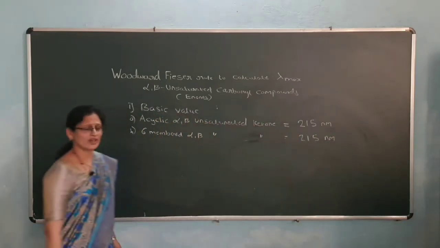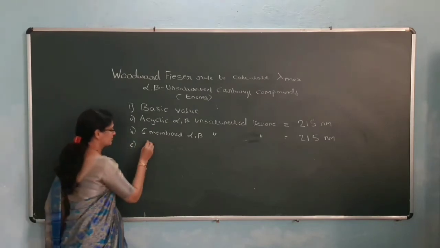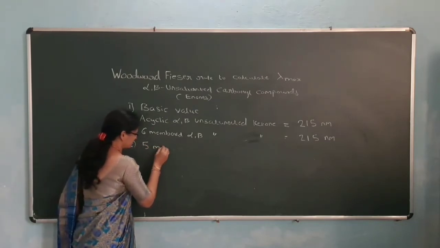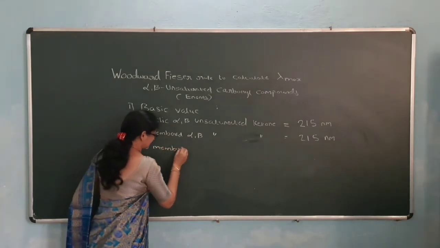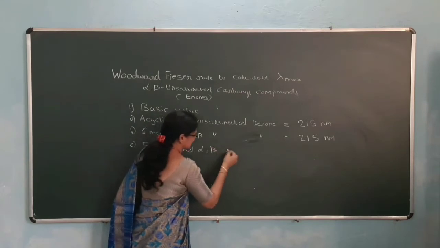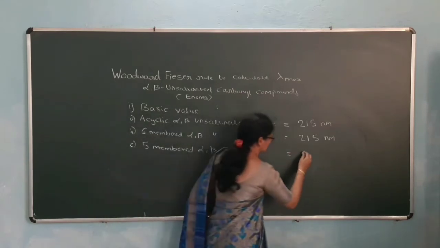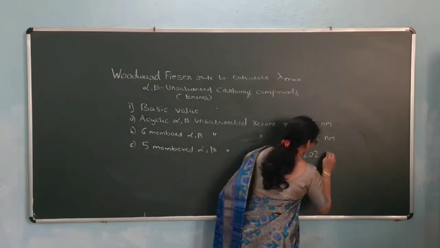Then the third one, if it is a five membered alpha beta unsaturated ketone, the value is 202 nanometer.